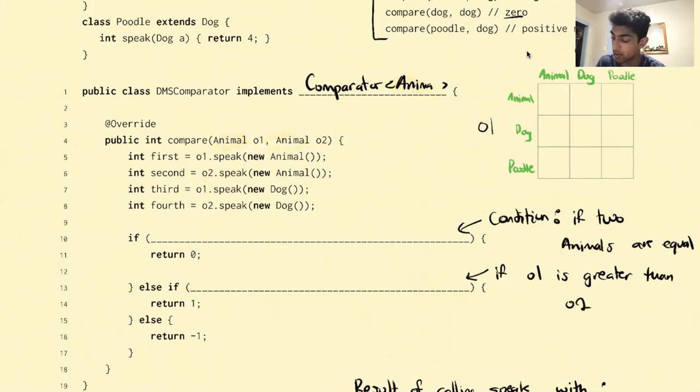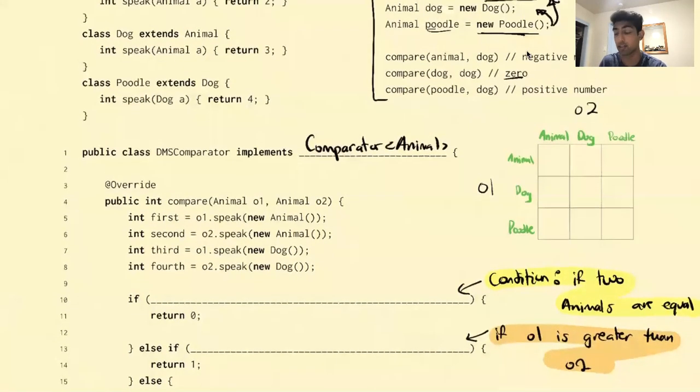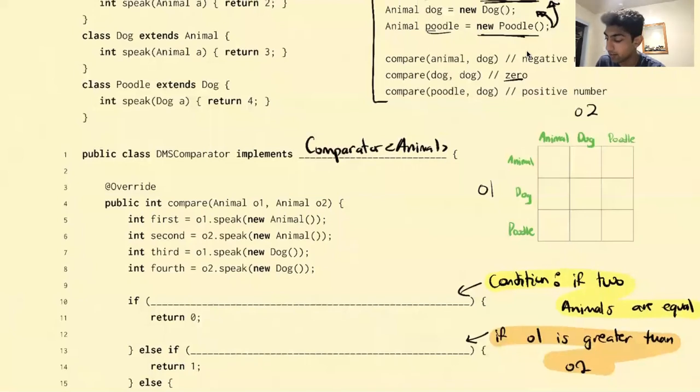Okay, so with all of this in mind, let's try understanding all the possibilities for these two cases. To help us approach that, let's look at the possible dynamic types of O1 and the possible dynamic types of O2 in this little chart I have over here.